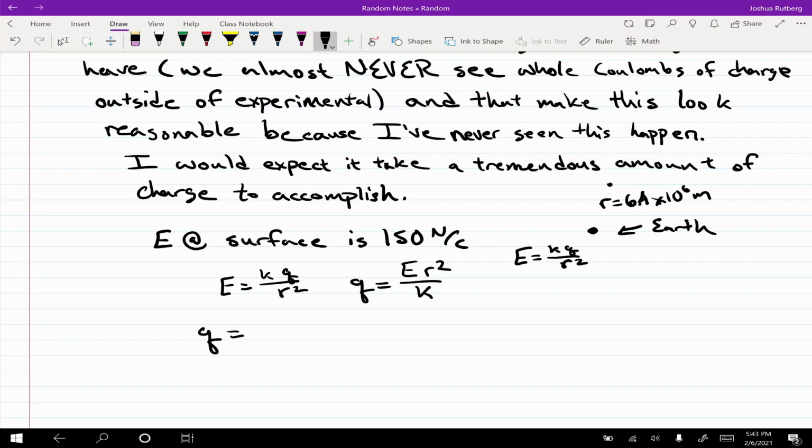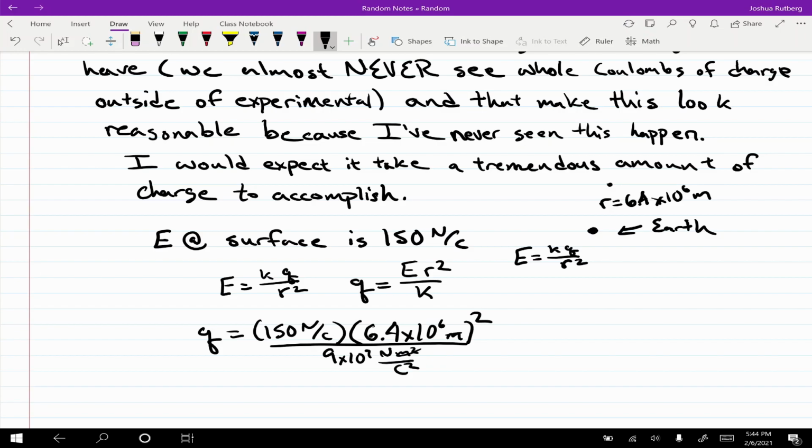The charge on the Earth is 150 newtons per coulomb times 6.4 times 10 to the 6 meters squared divided by 9 times 10 to the 9th newtons meters squared per coulomb squared.